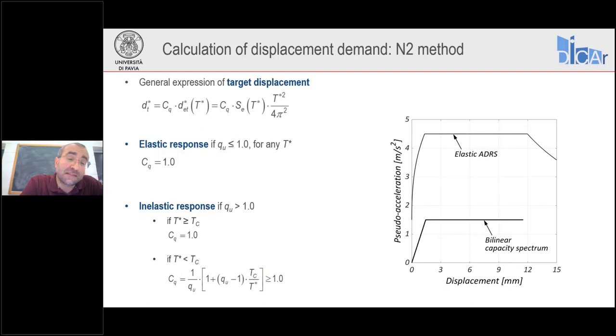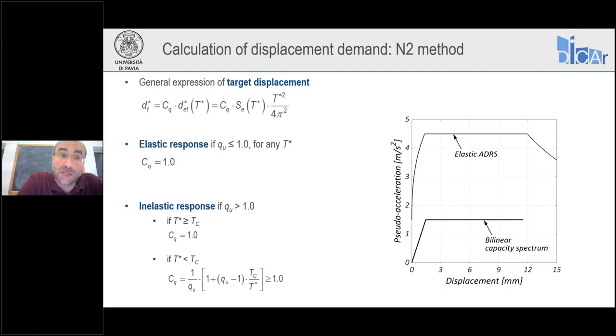Careful here, I have rewritten them a little bit, starting from the ERGOCAD expressions, to highlight that in all cases, our target displacement, which is the displacement demand, D star T, is equal to the elastic displacement demand, D star ET of T star. Remember, star identifies the equivalent single degree of freedom. This is multiplied by the inelastic displacement ratio C sub Q, which depends on the strength ratio.